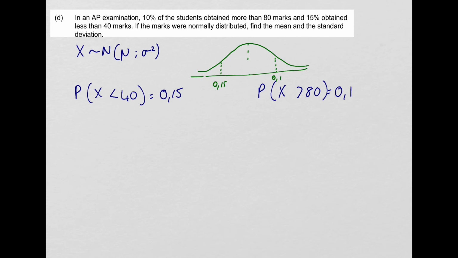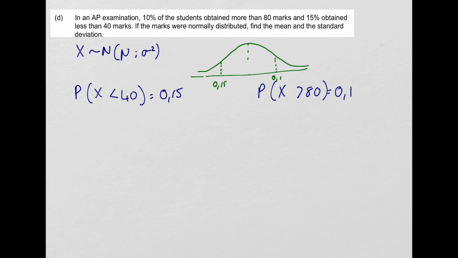For the corresponding z-scores, for the 0.15, we're going to subtract that from 0.5, because this whole area is 0.5. That gives this area, which is 0.35.